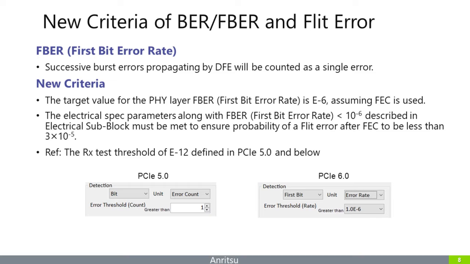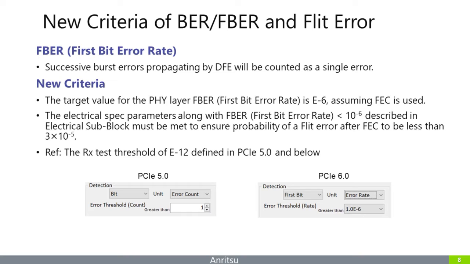That is the definition. Just for your reference, you can see two different pass-fail criteria on the bit error rate testers. For PCIe Gen 5, 1 error or 0 errors is a pass, 2 or more errors is a fail, for 125 seconds. So the confidence level of E-12 is like 90% or 95%.